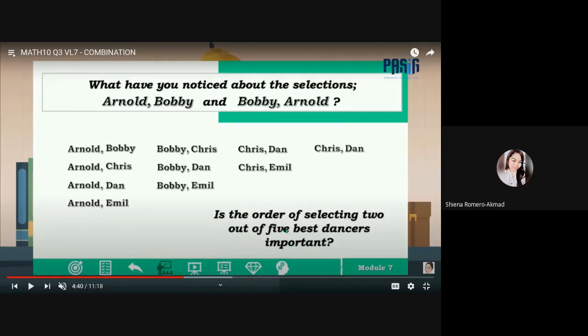That's no. Ibig sabihin, hindi importante kung sino ang una mong pinili sa kung sino yung pangalawa mong pinili. Kasi ang importante dito is that you select 2 out of 5 best dancers. So if that is the case, we are now dealing with combination.